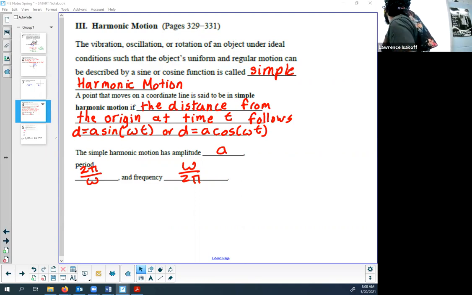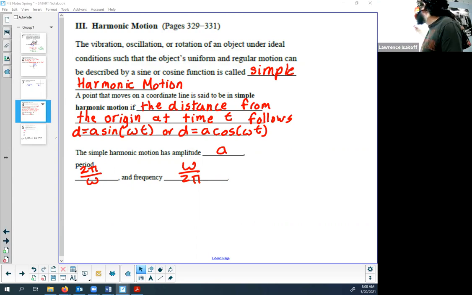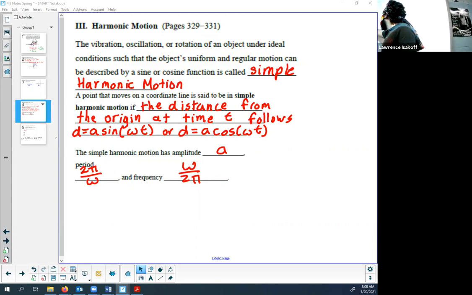A point that moves on a coordinate line is said to be in simple harmonic motion if the distance from the origin at time t follows either a times the sine of, oh my gosh, I'm forgetting what Greek letter that is right now.